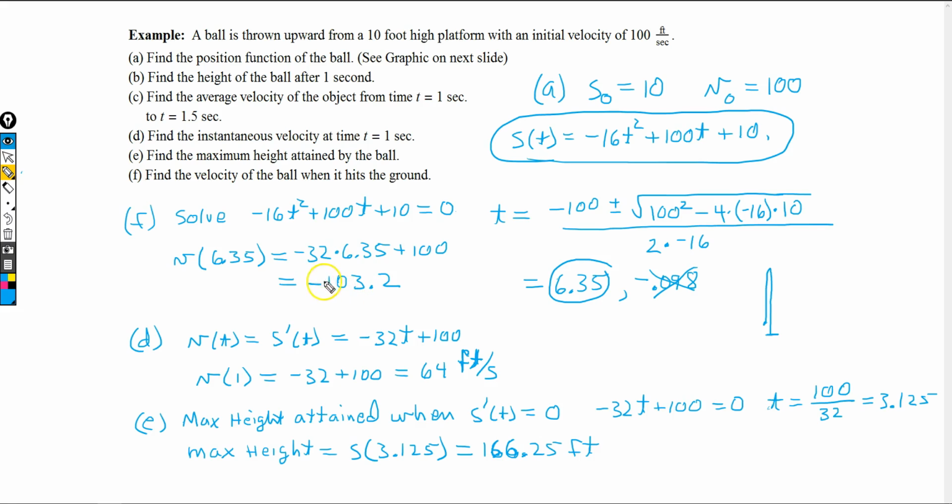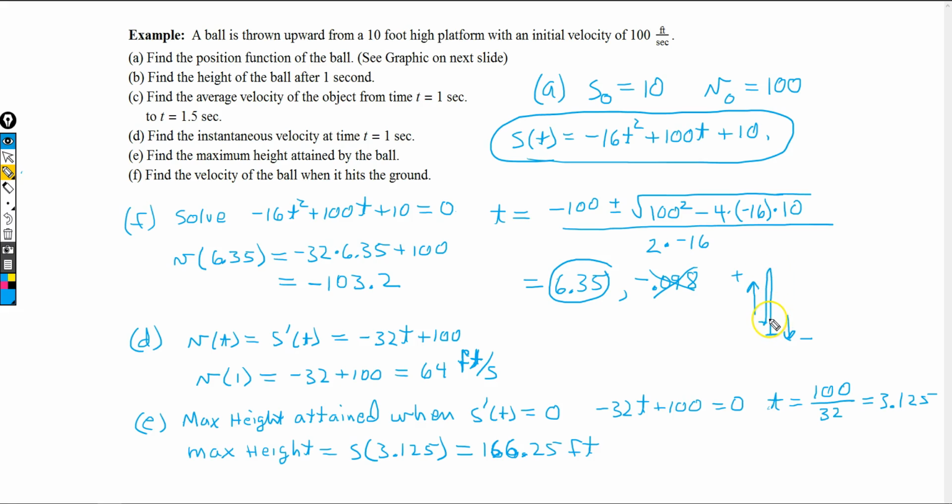Now the negative occurs because the ball is coming downward. It's coming back towards your starting position. When the ball's going away from your starting position, you have a positive velocity. When it's coming back towards you, it has a negative velocity. It's also a little bit bigger than 100, notice, because you were standing on the 10-foot high platform and you threw it upward with an initial velocity of 100. So it's going to go up and then come back down.